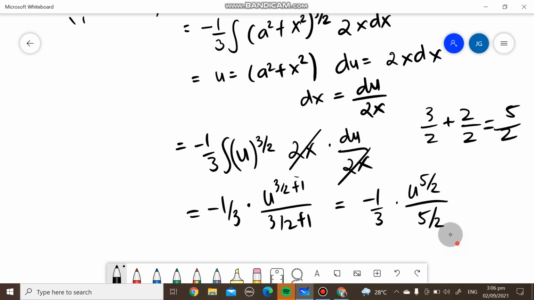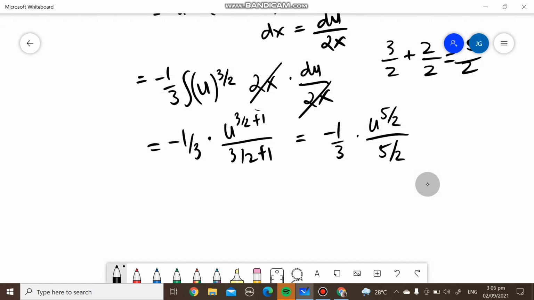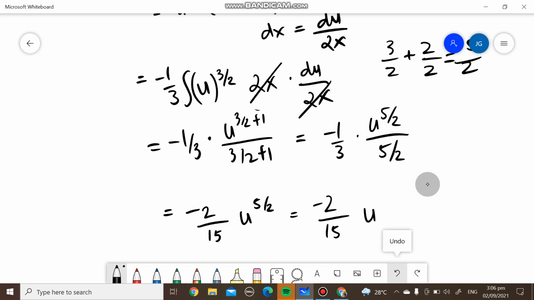Upon simplification, we will have a final coefficient of negative 2 over 15. Right? 2 over 15 times u raised to 5/2. So, what's the value of our u? We will have negative 2 over 15 times (a squared plus x squared) raised to 5/2.